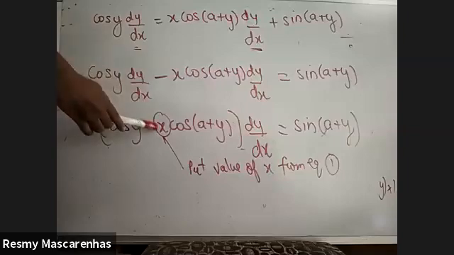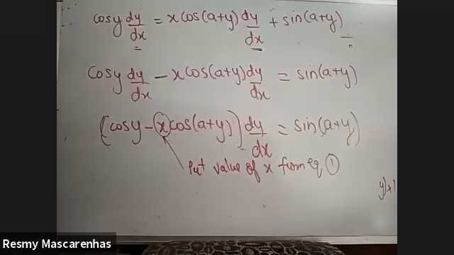So instead of this x, put that value of x from equation 1. What was x? Nothing but sine of y upon sine of a plus y.